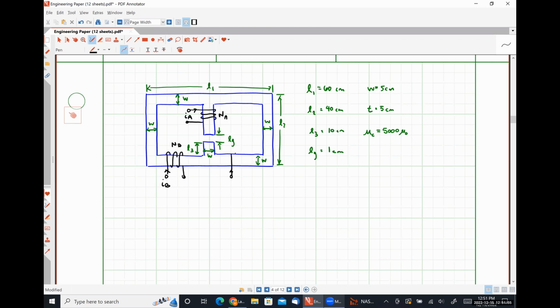And then we have a coil over here carrying a current of IC with NC turns. And let's say that NA is equal to 100, NB is 200, and NC is 500.